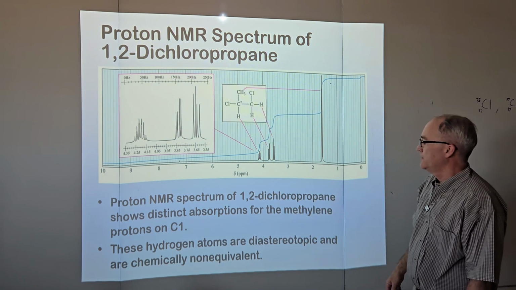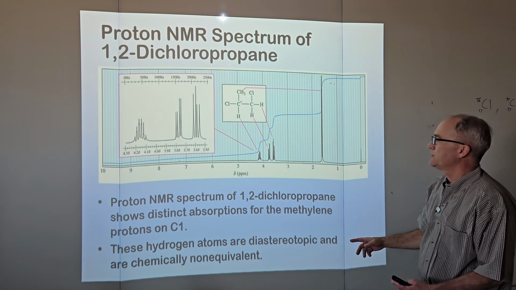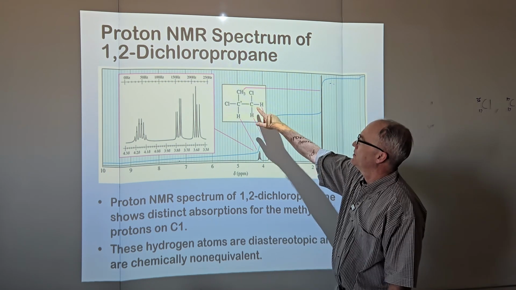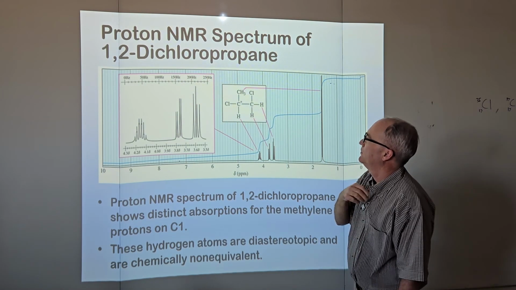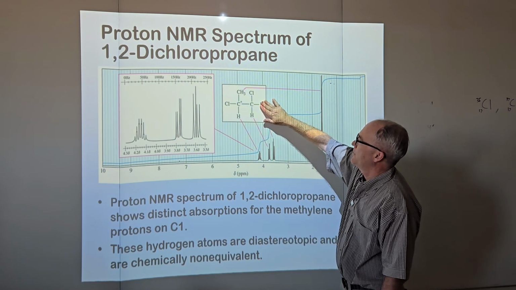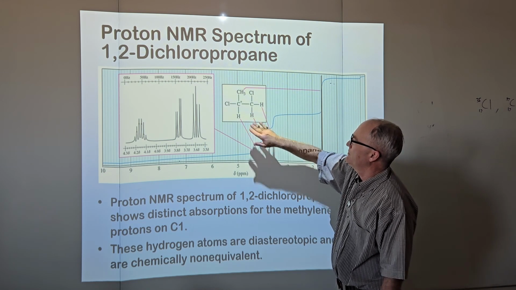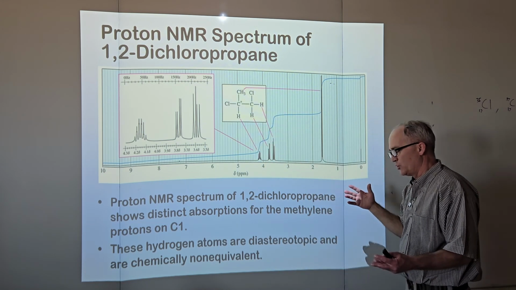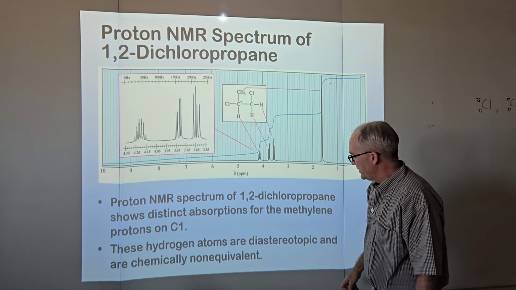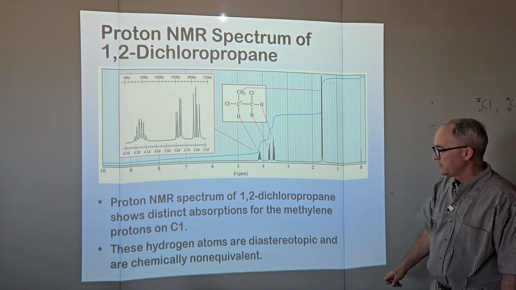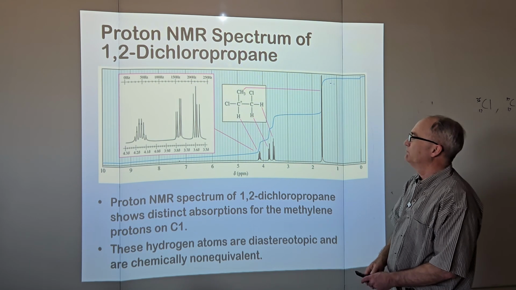And we say they're diastereotopic. That's what makes the difference. They're on a carbon adjacent to a chiral center. And if we stuck an atom here and built another molecule and stuck a different atom there, the same atom like bromine or Z, an imaginary element, we get a pair of diastereomers. They're not mirror images.